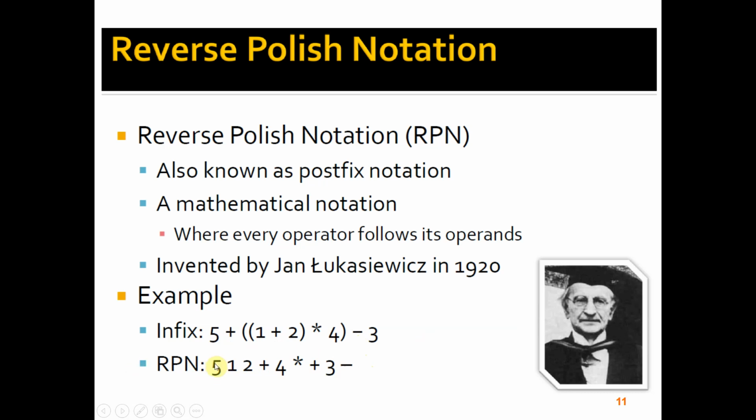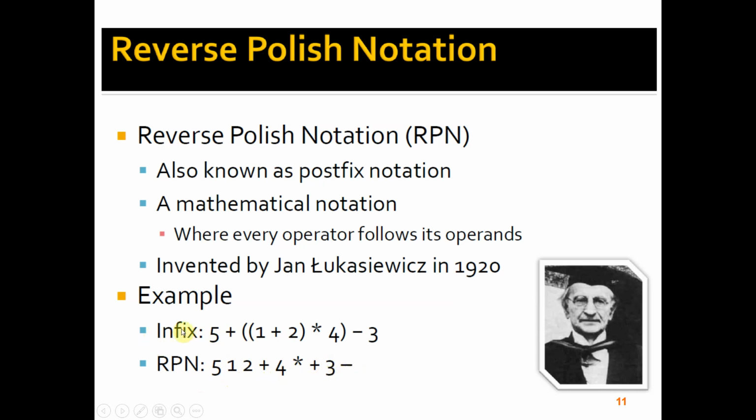You can see that the operands have the same order, but what happens here is that we have number 5, then 1, then 2, then addition, 4, multiplication, summation, 3, and minus.